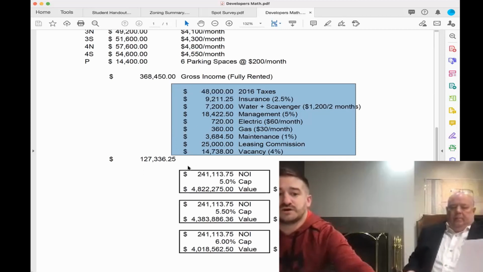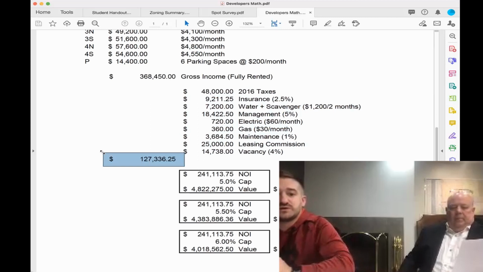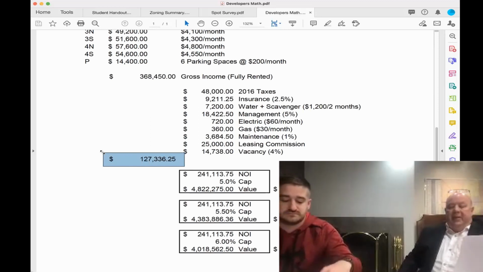So he had a total of $127,336.25 in expenses for the year. He had a gross income of $368,450, and $127,336 in expenses.